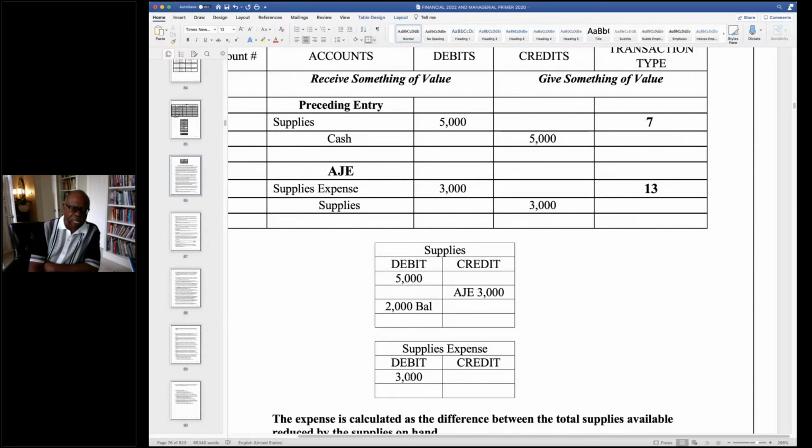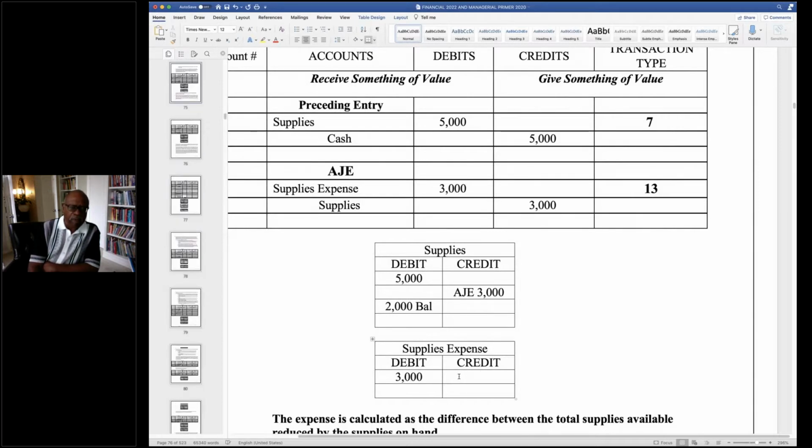We're going to debit supplies expense and credit supplies, because we only have $2,000. This is the only thing that should show up on the balance sheet. $3,000 is going to be on the income statement, and we're going to eventually close this account out in the closing process with closing entry number what?